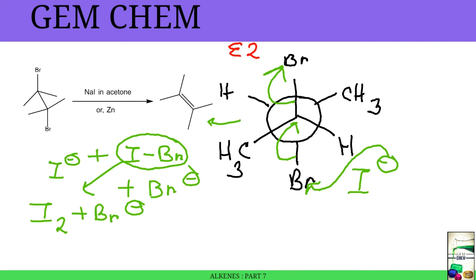Okay. Now if we consider zinc, then the mechanism is slightly different. In that case, we consider it like this: CH3, H, here is our bromine on the top, and here is our bromine in the down portion, and this side is CH3 and this side is hydrogen.